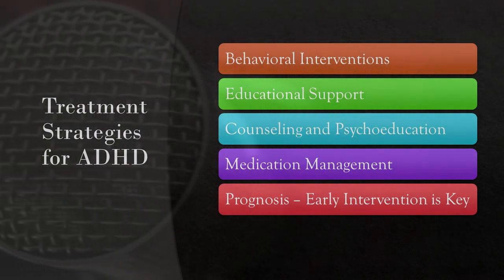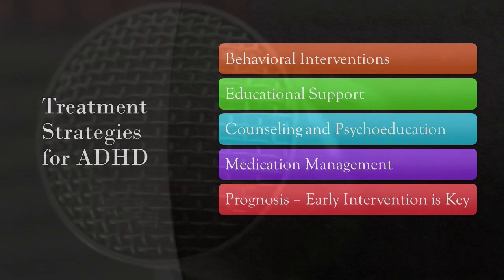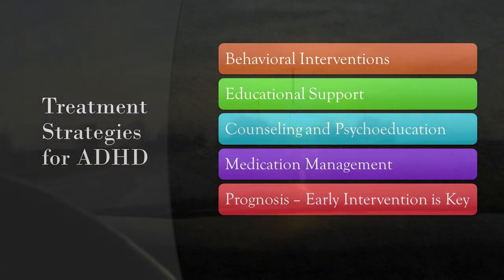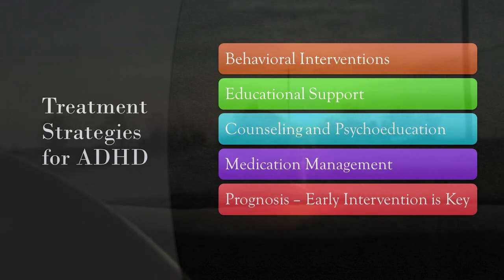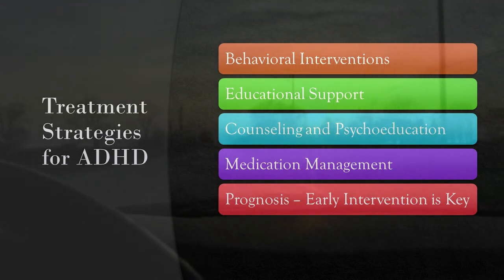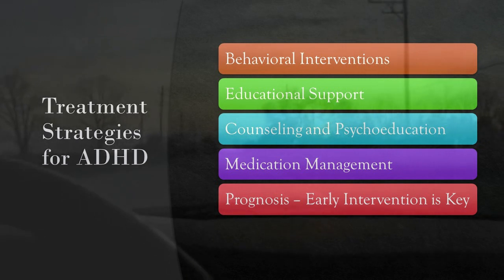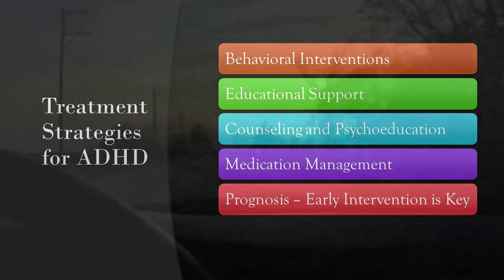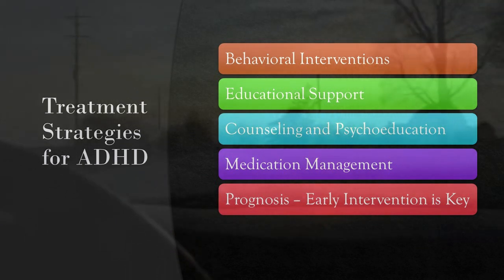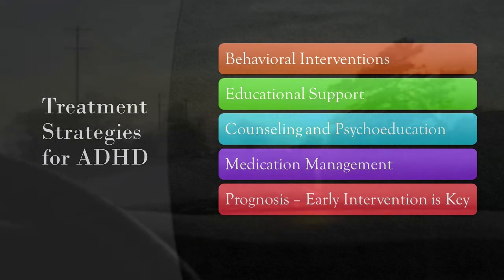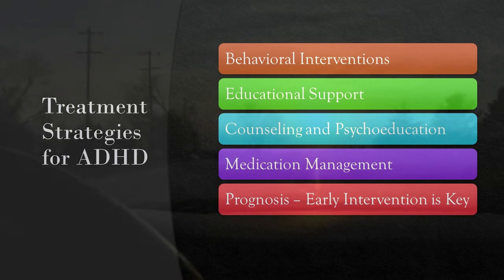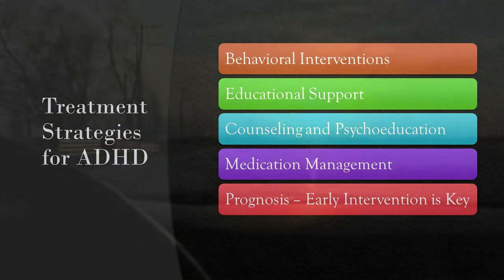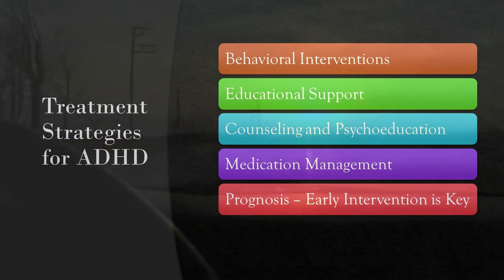So things like methylphenidate, which is basically amphetamine-based medications, as well as some non-stimulants can be prescribed that cause the symptoms to significantly decrease and improve functioning for a lot of children quite significantly. So medication can enhance attention as well as impulse control in these individuals.